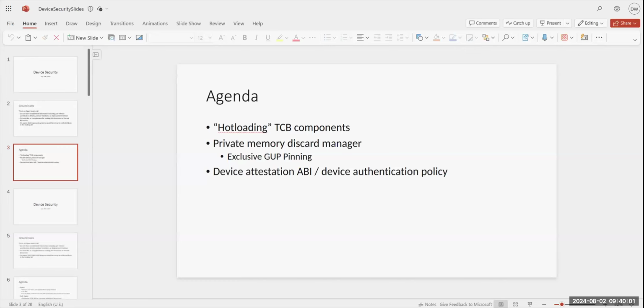One of the useful things in there was this patch from Google called exclusive guest pinning that David pointed to, and this was discussed on the MM call, and how it intersects with private memory, confidential computing, and large pages and these kinds of things.